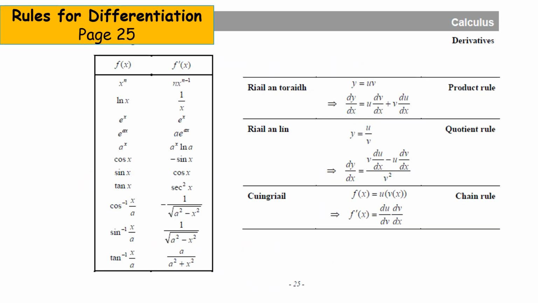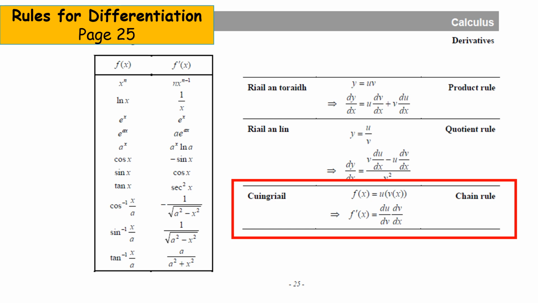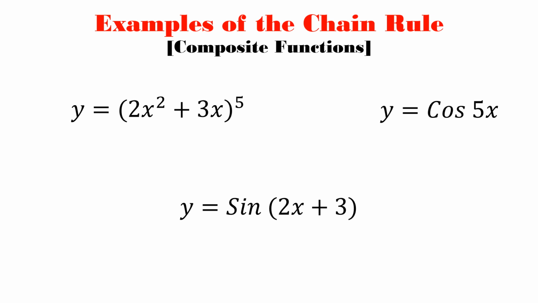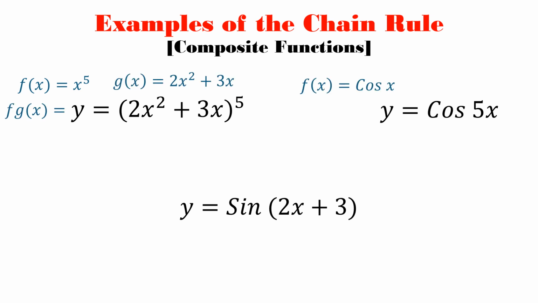So we're going to move on to our last type of integration. And before we look at that, again, I want to go back to the chain rule. Now, we've already looked at the chain rule at the start of this video, so I'm going to go through it quite quickly. Here are some examples of the chain rule, and I said to really think about them in terms of the composite function. So our f of x and g of x, and how this was then f after g of x.